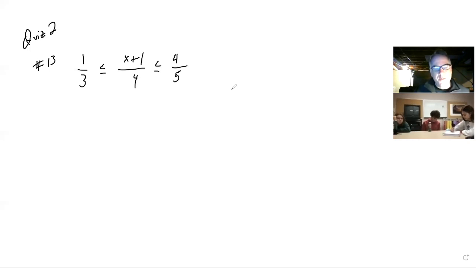And again, since it's the LCD and all denominators will divide into it evenly, you're guaranteed that the denominators will be eliminated. 3 will go into 60 20 times. So I've got 20 less than or equal to. 4 will go into 60 15 times.